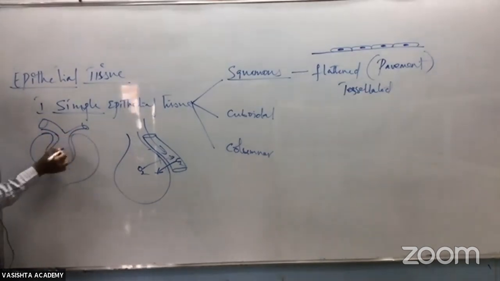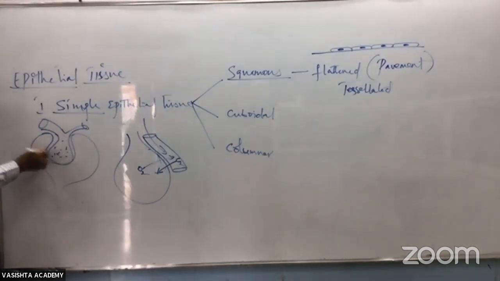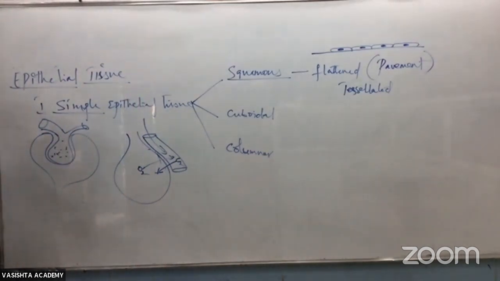From this glomerulus, the unnecessary substances, the metabolic waste, will start moving into the capsular cavity. Like this, ultrafiltration takes place. Urine formation will take place. For this movement of unnecessary substances, it may be uric acid, urea, or ammonia, or excess of water, or different salts, into this region, this membrane must be very, very thin.